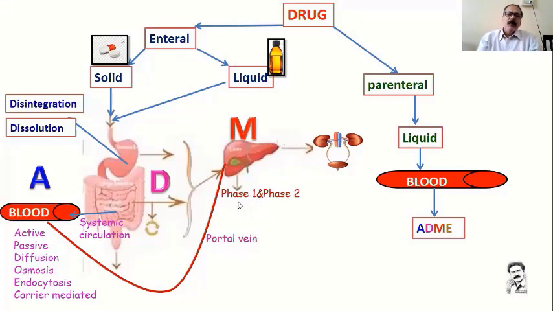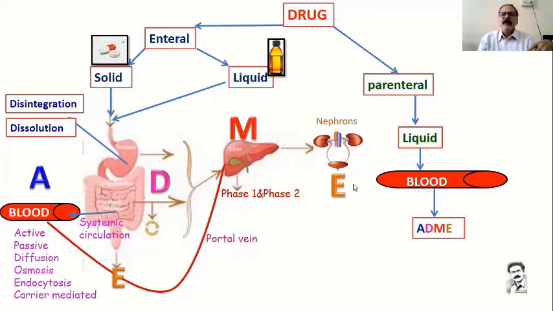In phase 1, mostly enzymatic oxidation and reduction take place, whereas in phase 2, different reactions occur. Here a group from outside will be added in phase 2. When the additive comes, it helps the molecule, which is fat soluble, to come into liquid or water, which is phase 2. So phase 1 and phase 2 reactions occur, and we call it metabolism.